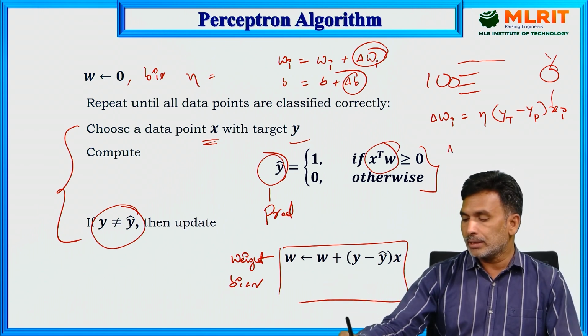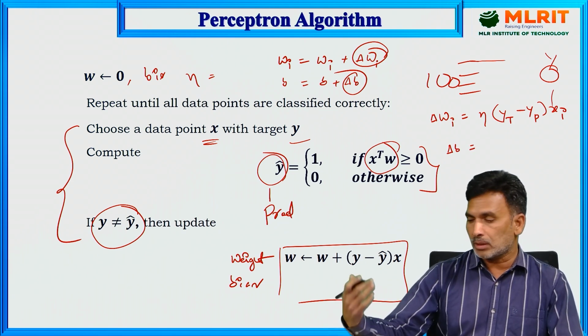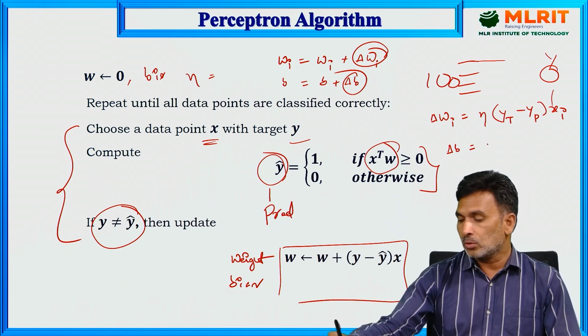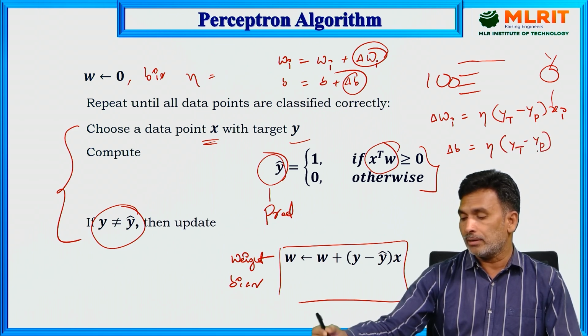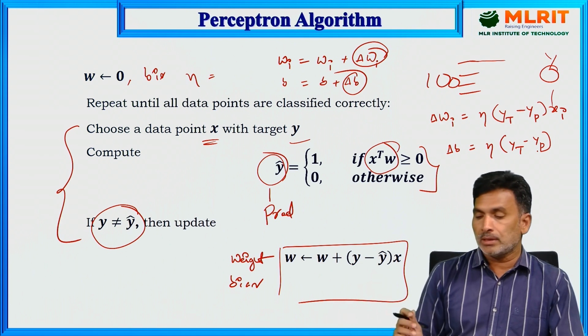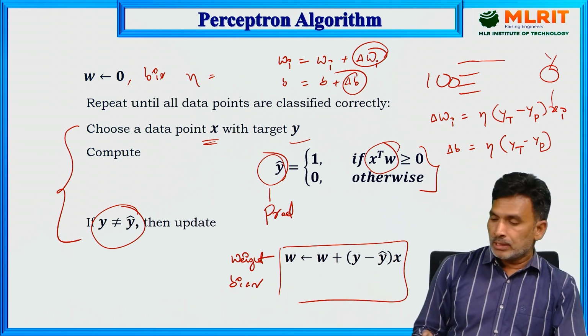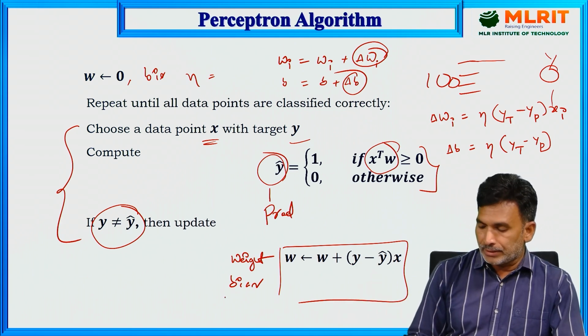Similarly delta b, that is the amount of change to be done for the bias, is learning rate times y true, that is the actual value, minus y predicted value. These equations we are going to use to update the weight and bias.